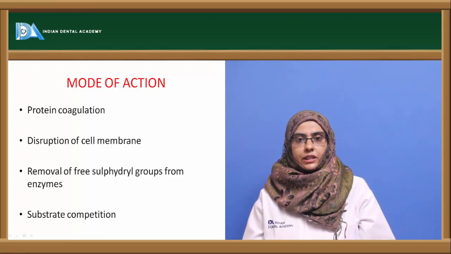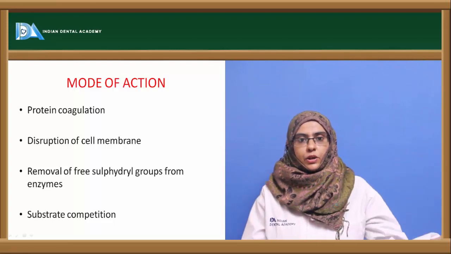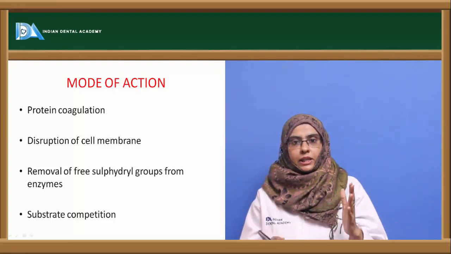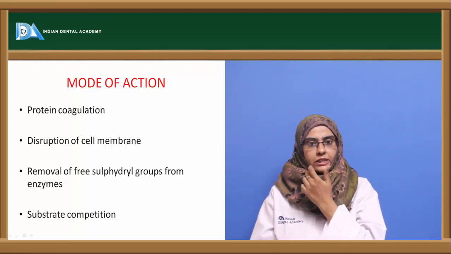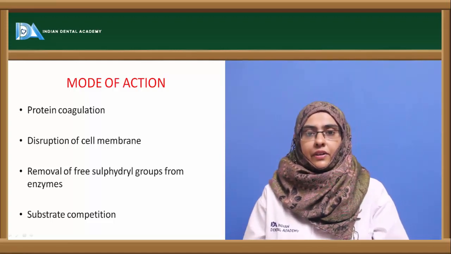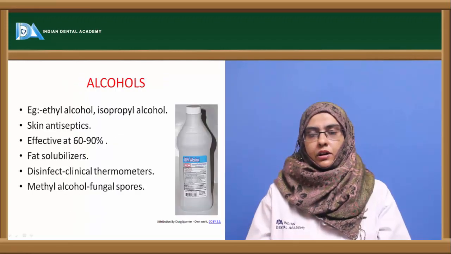Substrate competition is nothing but, when an enzyme reacts with a particular substrate, they give rise to products. So instead of that particular substrate, the chemical goes and binds. As a result of which, the product is not formed in the organism, that is very important for its biological activity. So these are the different modes of action of how the chemical agent usually kills the microorganisms.